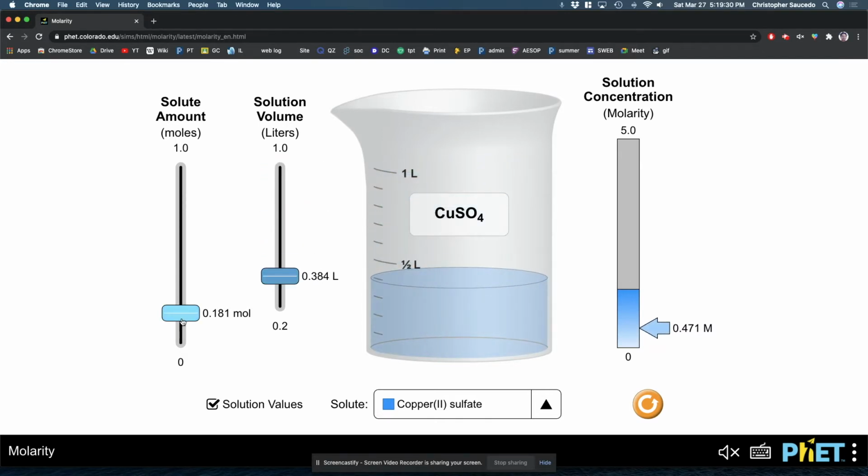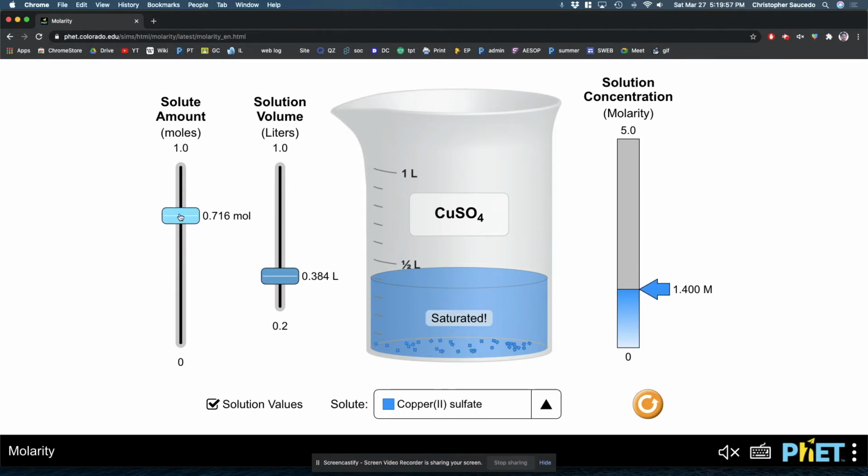The cool thing about the PhET simulation is that in some cases there is actually a maximum molarity, and that would mean that if you add more solute than that number, you end up getting a saturated solution where you have solid crystals coming out at the bottom. That is also something that you could calculate. Right when you get to 1.400 moles per liter, anything you add above that, you start to get solid coming out in your solution.